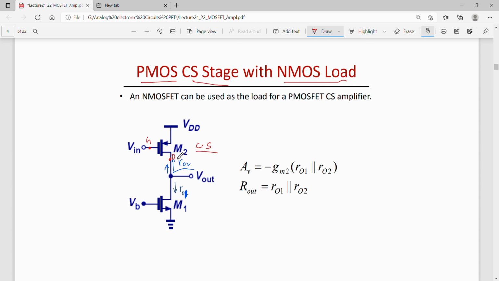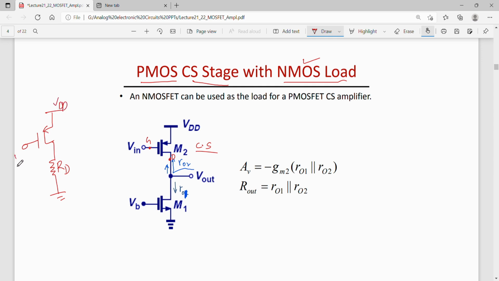Now to this M2, the load could be an NMOS. So I have M2 over here, which is a PMOS, and to this PMOS my load is M1.